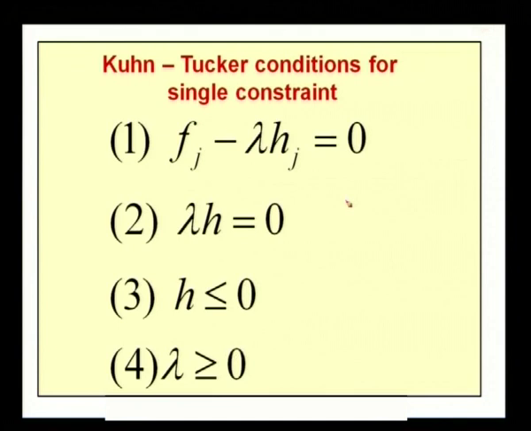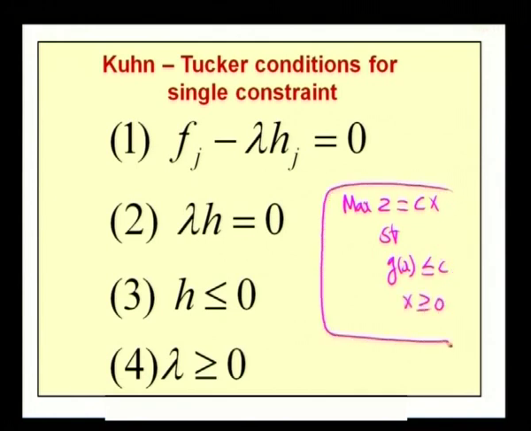A nonlinear programming problem is represented by maximize z equal to Cx such that g of x less than or equal to c, x greater than or equal to 0. So, this nonlinear programming problem involves a single constraint.